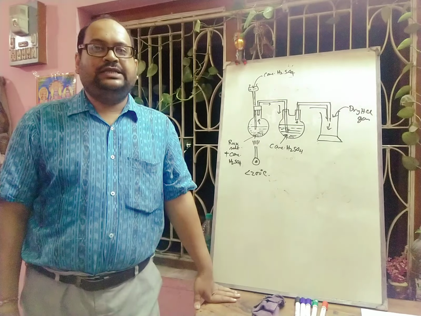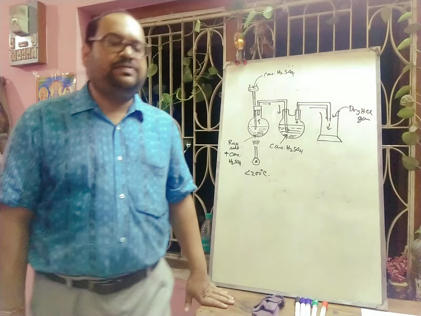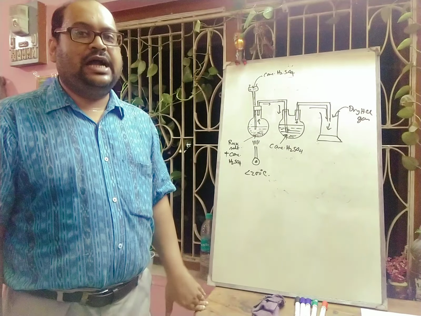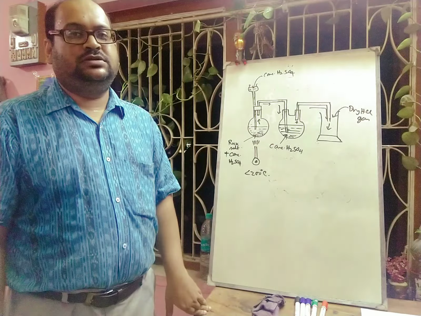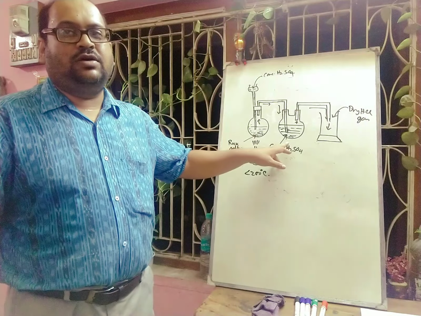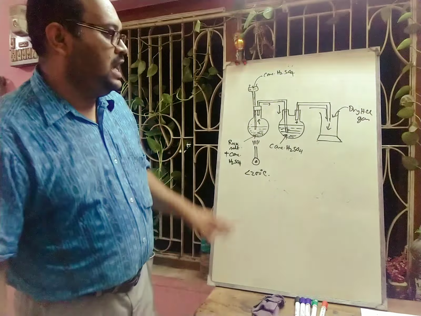So sodium chloride is taken in a round bottom flask, and concentrated sulfuric acid is added to it with the help of this thistle funnel. The reactants are slowly heated and the hydrogen chloride gas is formed and is passed through this bottle containing concentrated sulfuric acid, and then moisture or water vapor, whatever is present, will be absorbed by concentrated sulfuric acid.